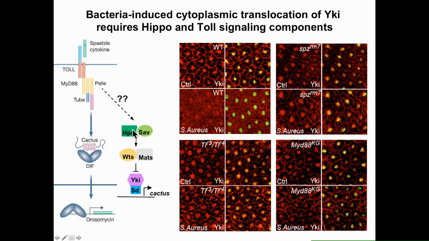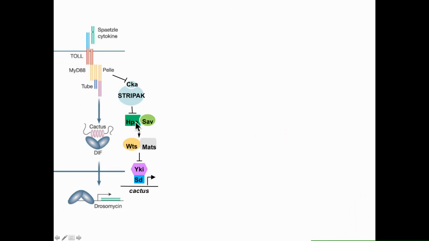To make a long story short, what Bo was able to show is that Pele can activate Hippo by an indirect mechanism, by directly phosphorylating an inhibitor of Hippo, which is a specific type of PP2A complex called STRIPAK, which was initially discovered by Nic Tapon's lab as a negative regulator of Hippo.